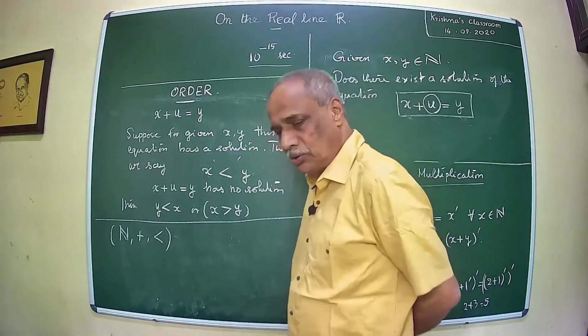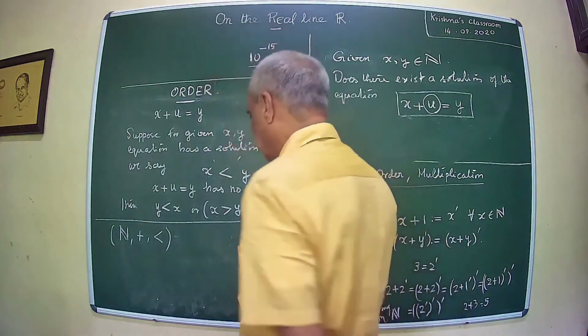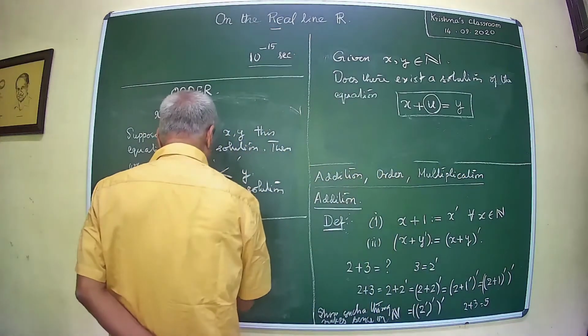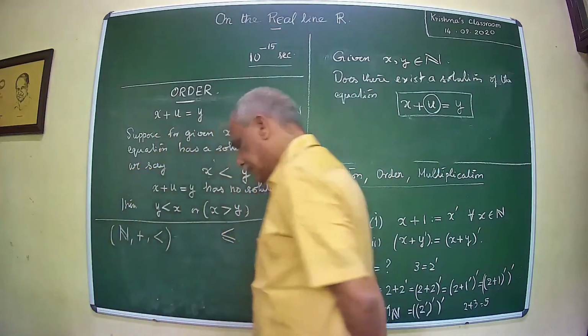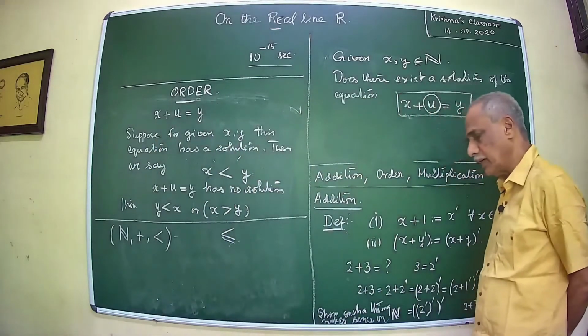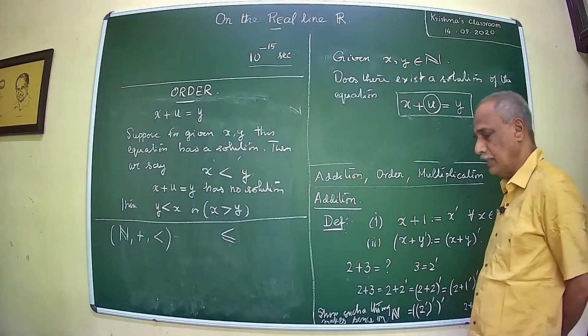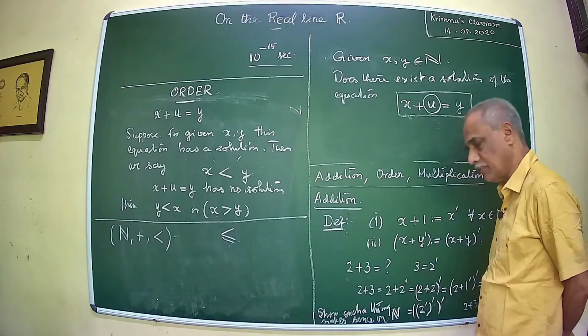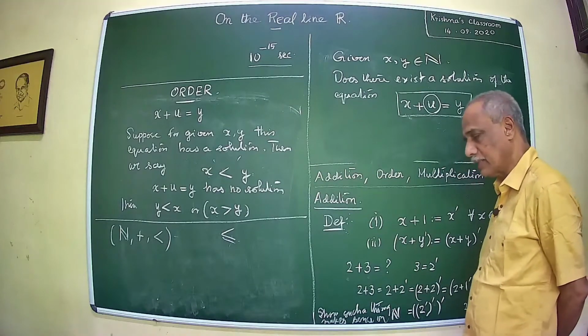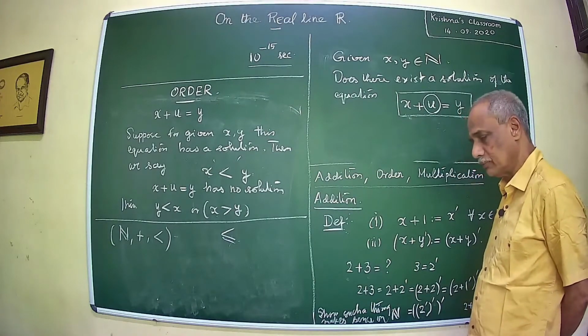Now we also introduce a new notation, namely less than or equal to. Less than or equal to means what? Given x and y, either x is less than y or x is equal to y.